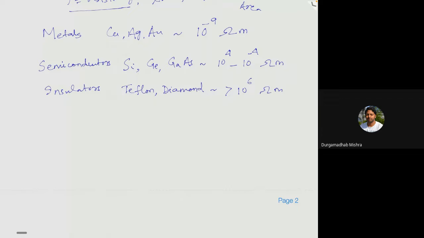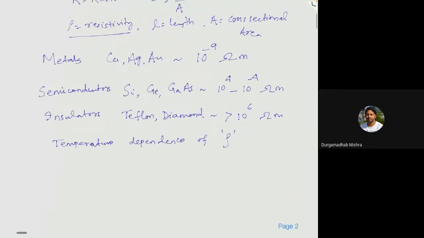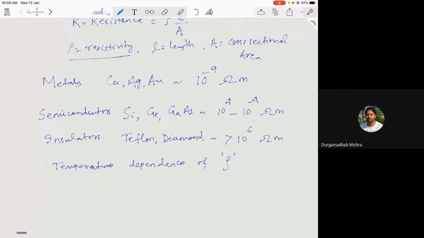So the temperature dependence of rho tells you a lot more about what kind of conductivity is happening in the material, so that you can define it in a better way.